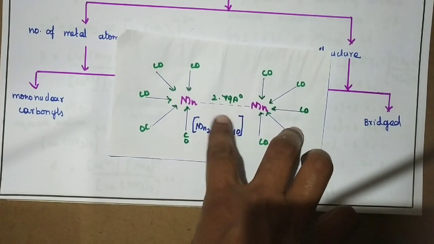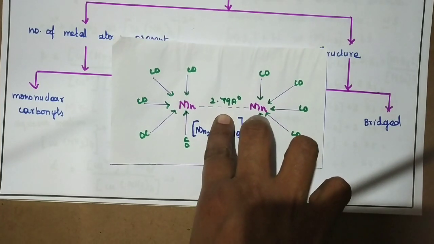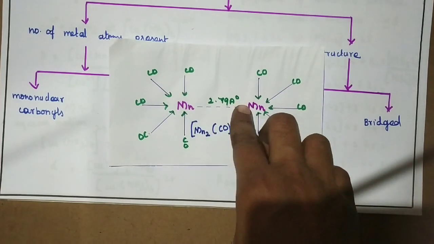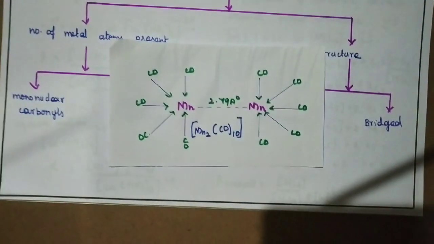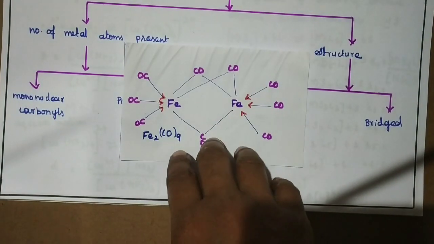For example, in Mn2(CO)10, there is a bond between Mn and Mn, with a bond length of 2.79 Angstrom. So this is the non-bridge metal carbonyl containing terminal carbonyls, with a metal to metal bond. Next is the bridge carbonyls.